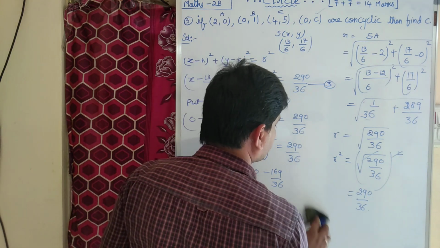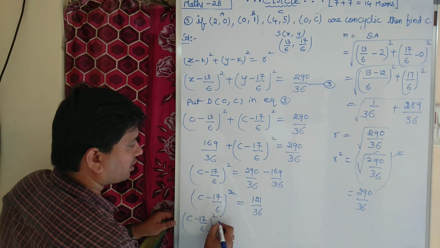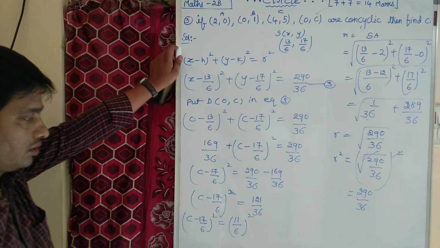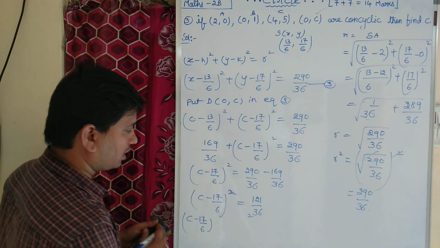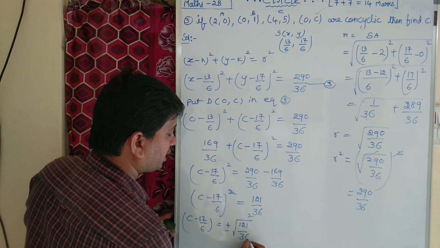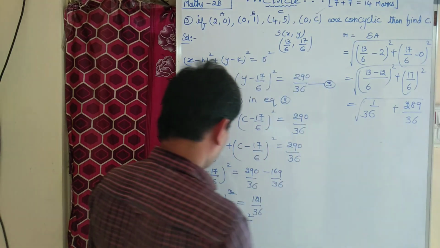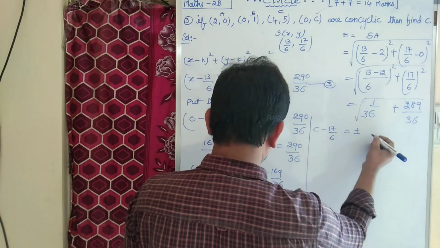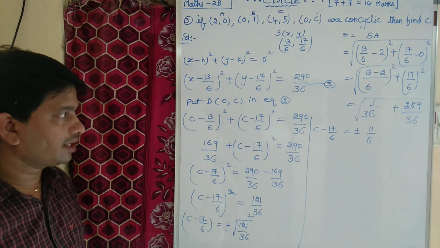So how can we write this? We can write this as c minus 17 by 6 whole square equal to 11 by 6 whole square. Right? Or else, square you transpose, it will become plus or minus root over 121 by 36, which is 11 by 6.